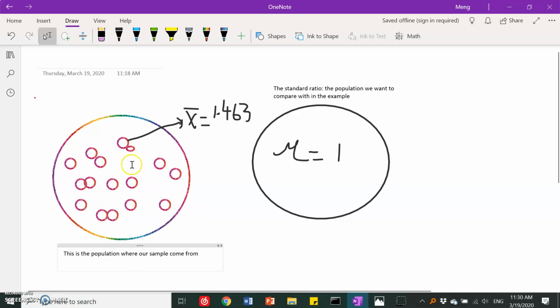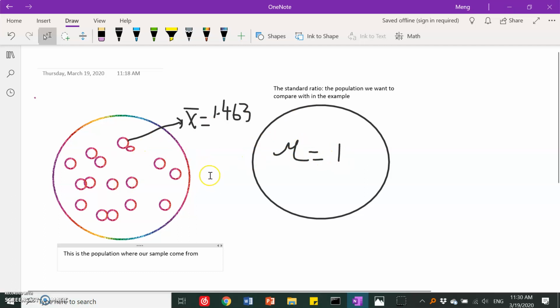So again, this colorful big circle represents the population where our sample comes from. It's definitely different from the population we want to compare our sample with. That's two different populations, and by the calculations, we have concluded that these are two different populations. They have two different means.